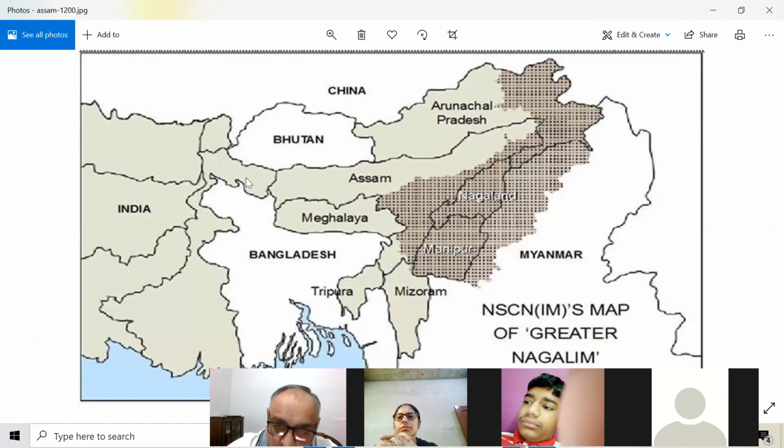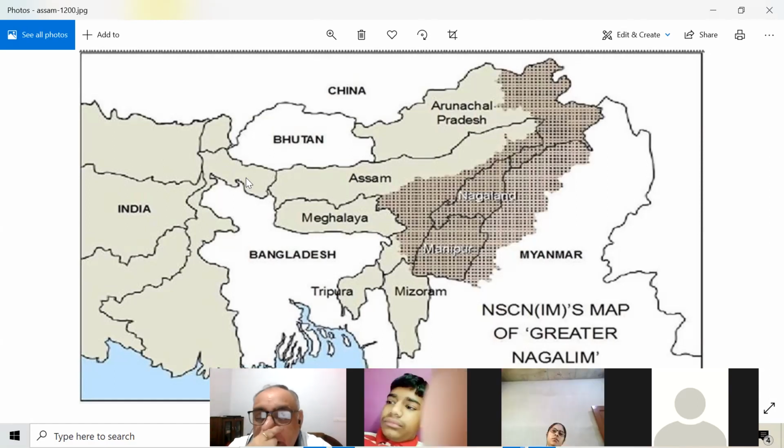They say merge this entire territory and give us one big Nagaland, which they call Greater Nagaland. So the greater Nagaland, which is the demand of the Naga insurgent groups, comprises part of Arunachal Pradesh, part of Assam, Manipur, and part of Myanmar as well. And Nagaland is there.